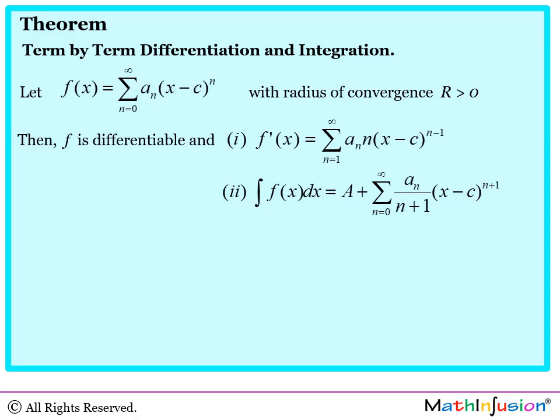And the antiderivative of f(x) is a constant plus the sum of a_n over n plus 1 times (x minus c) to the power of n plus 1 when n runs from 0 to infinity.